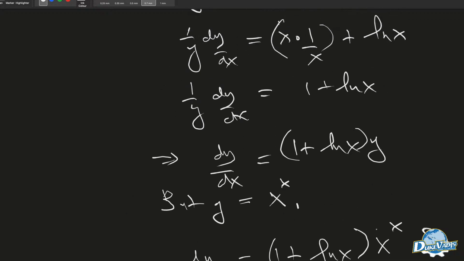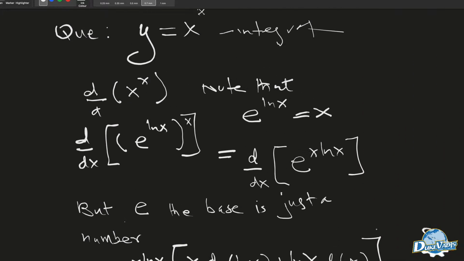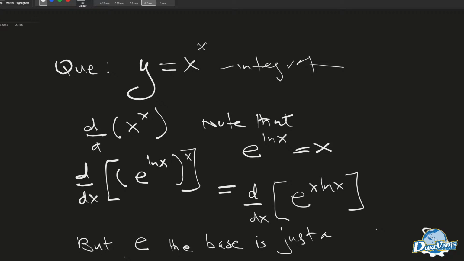So let's go up and talk about how we got to this point. In the first place, we are given y to be equal to x raised to the power x. So the differential of this will give us a certain value.